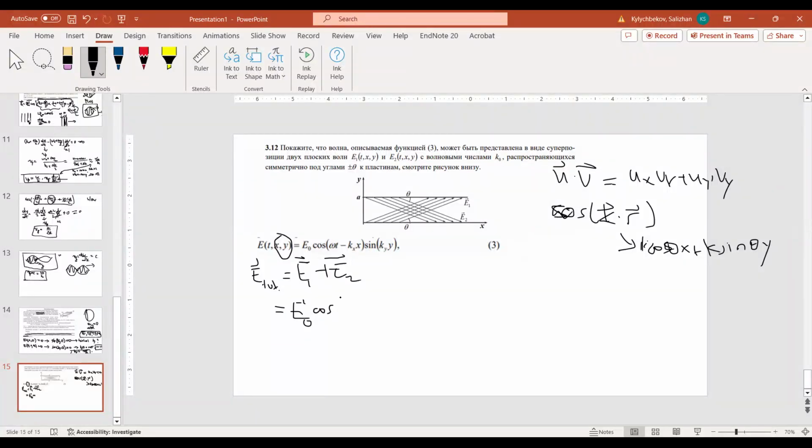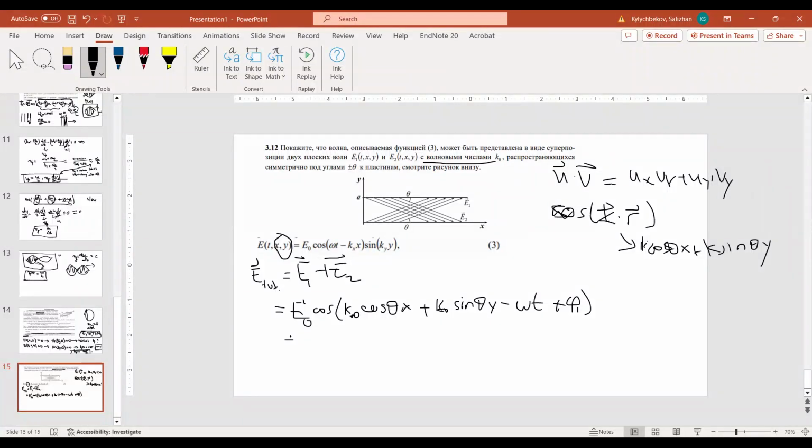Cosine, a plane wave, with wave number k0. So cosine of k0 cosine theta x plus k0 sin theta y minus omega t plus phase 1.